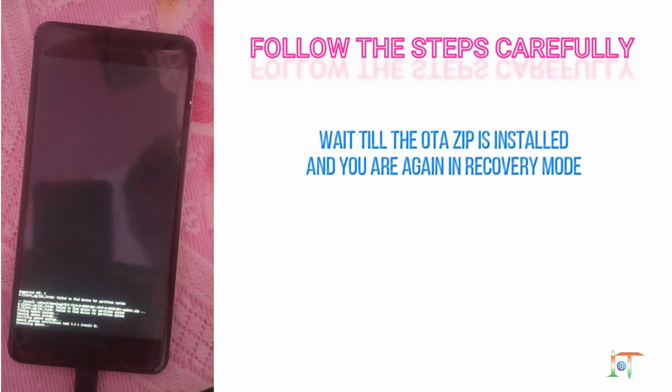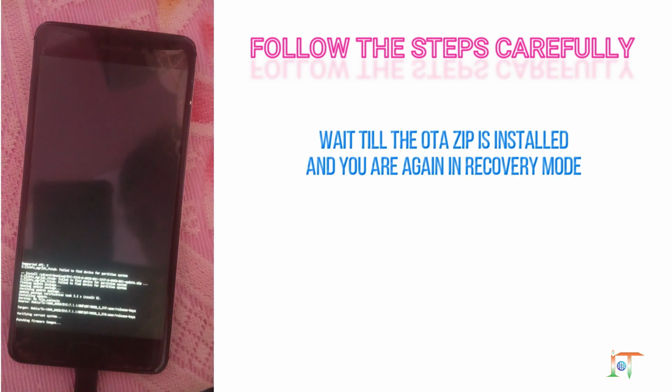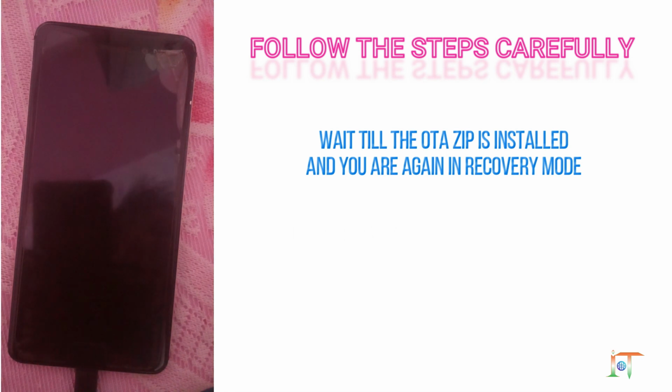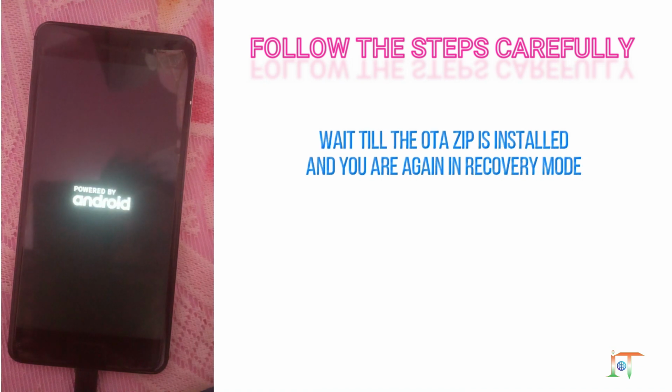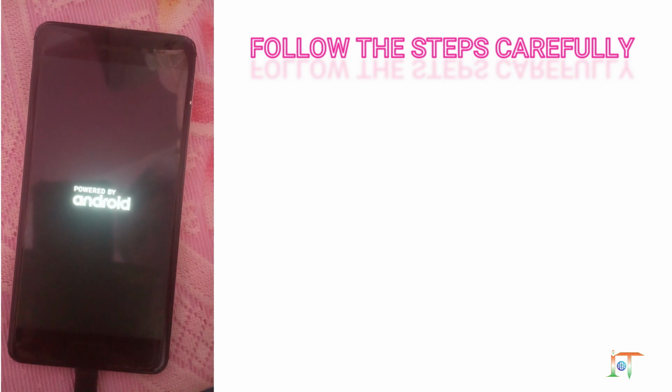So it is installing the OTA update. So wait till it finishes. It is still installing. It will now reboot into recovery menu again. Now you can see that it is rebooting into recovery menu.